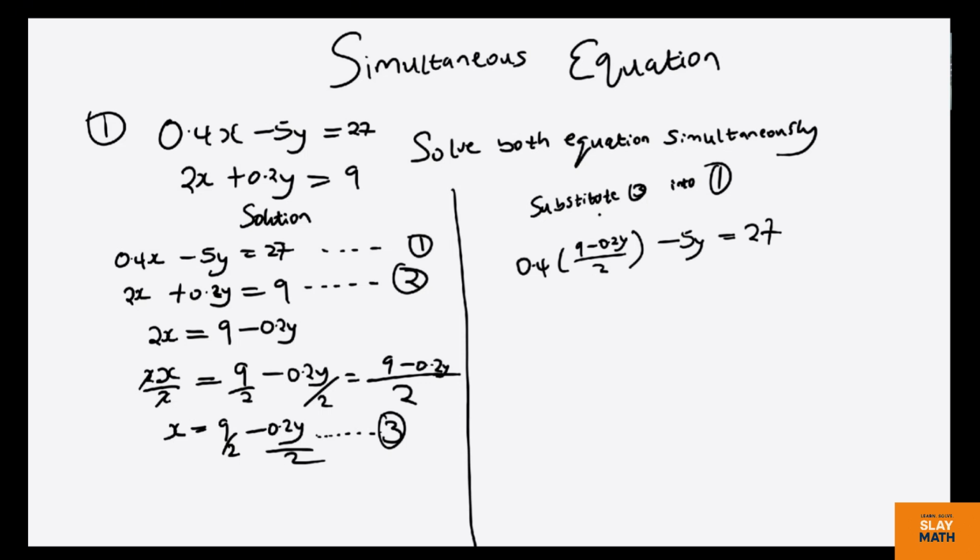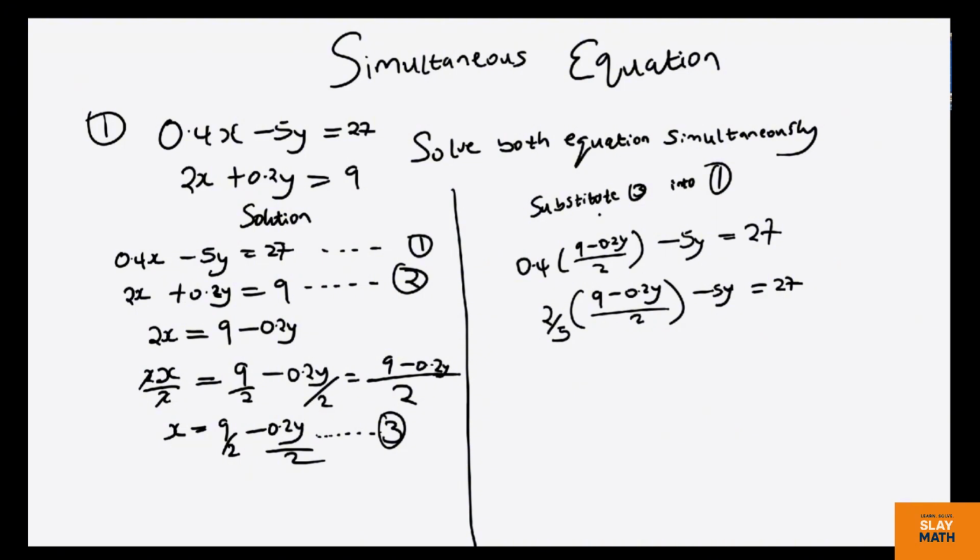If I'm converting this into a fraction, 0.4 can be written in fraction form as 2 over 5, times 9 minus 0.2y over 2, minus 5y equals 27.